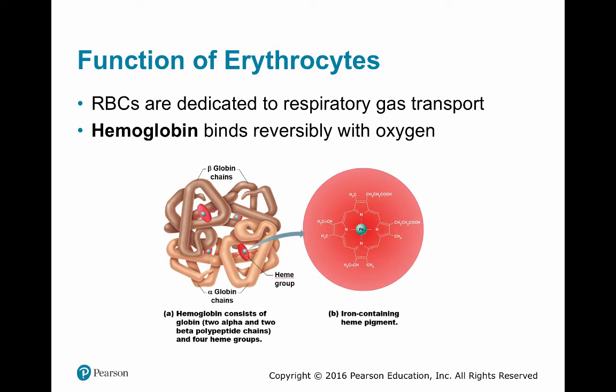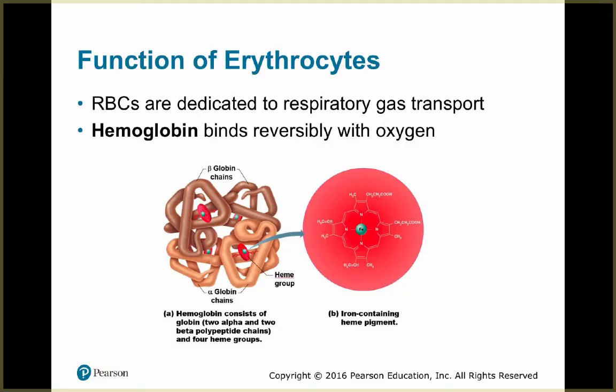So red blood cells, or these erythrocytes, are dedicated to respiratory gas exchange, right? So this right here shows you a hemoglobin molecule. And it basically has 4 different chains, or polypeptide chains. And so if you look on here, here's one right here.